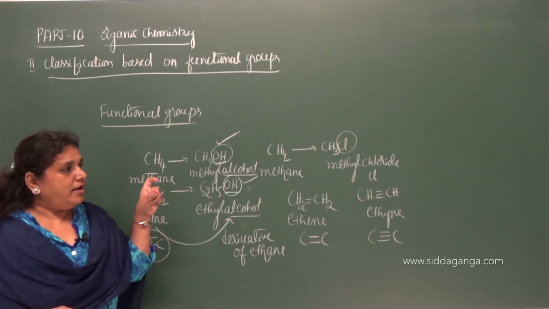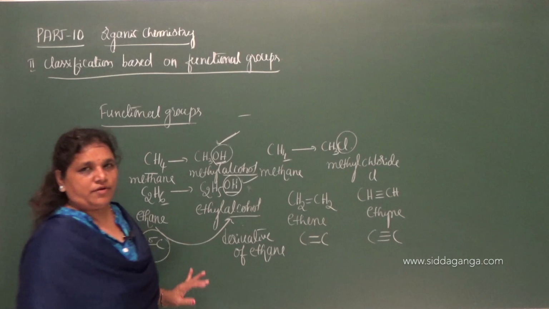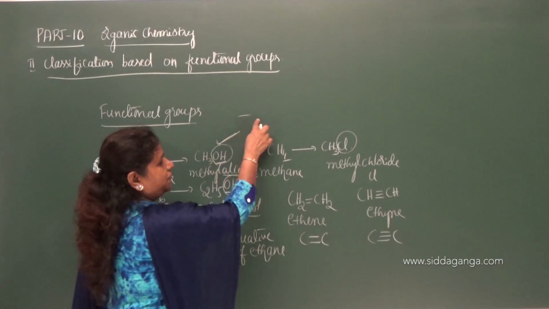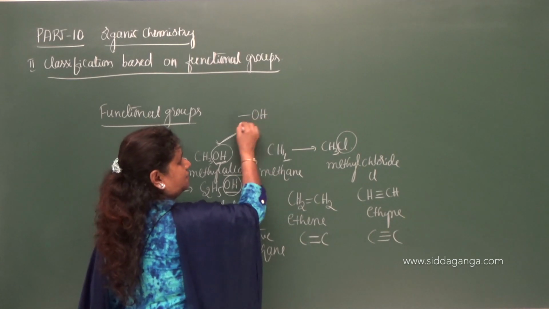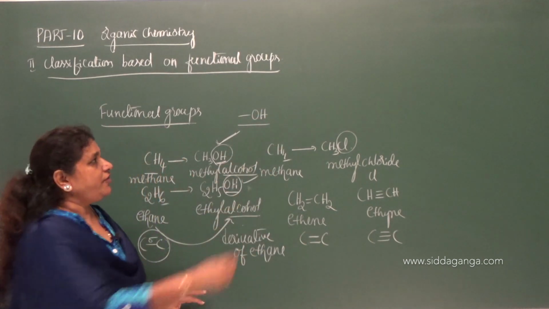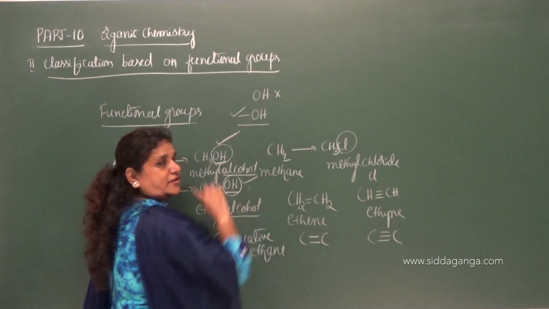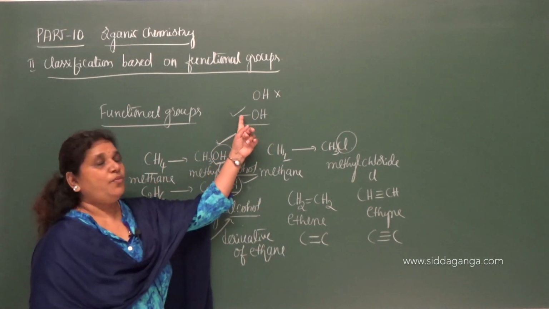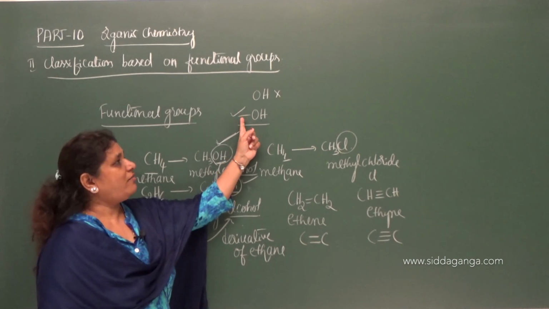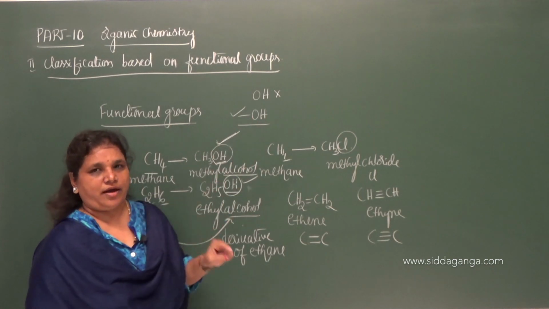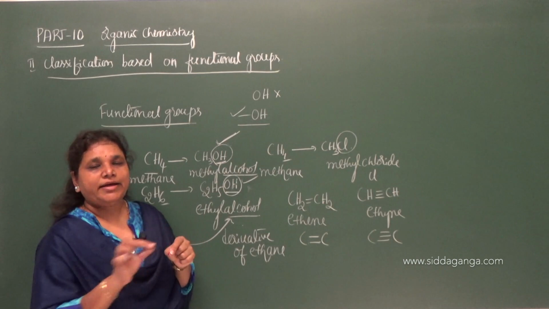Then, while indicating this functional group, we have to use a hyphen. So before writing the group, we have to use a hyphen. So how to write the functional group? OH. We cannot write OH like this. We have to use a hyphen. What does this hyphen indicate? A vacant bond or vacant valency. So one valency of oxygen is vacant. So that is indicated by writing the hyphen, not a negative sign here.